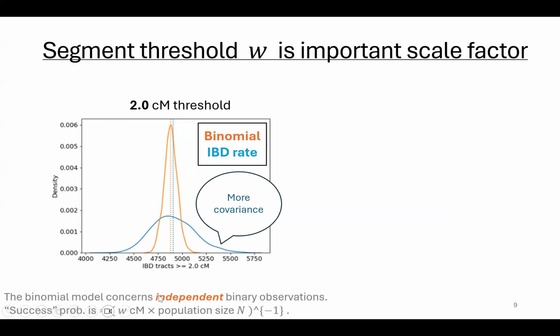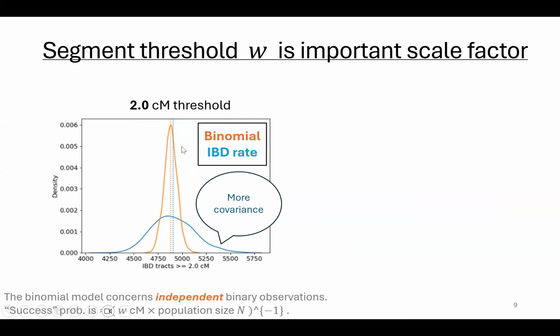I'm going to compare this IBD rate distribution at a locus to the binomial model. So the binomial model concerns independent binary observations. And our binomial model here will be using the success probability that for a single IBD segment is approximately 1 over the W centimorgan detection threshold times the population size.